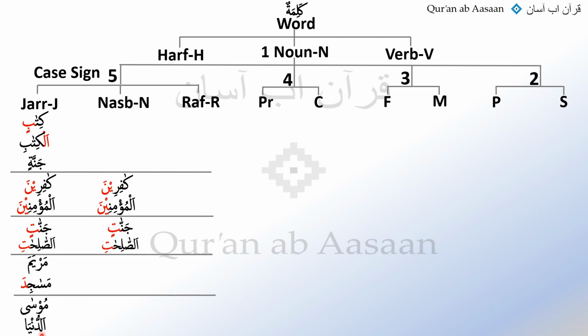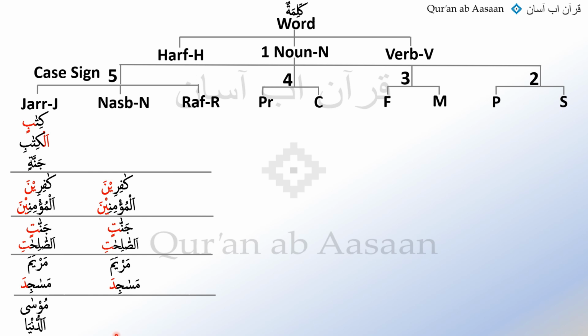And then what about the female plural nouns? They seem to have the case sign, you know, atu, ati, with the same for the nasb and jar, atin and ati. And then Maryama and Masajida. Why are these under jar? They are Maryam type nouns. They appear the same in Nasb and Jar.